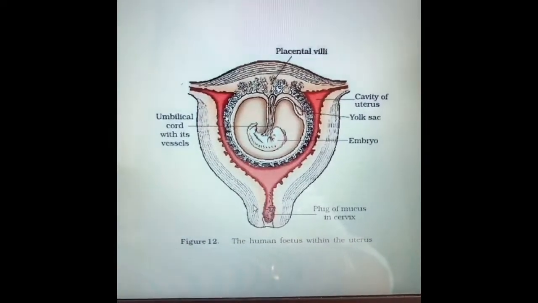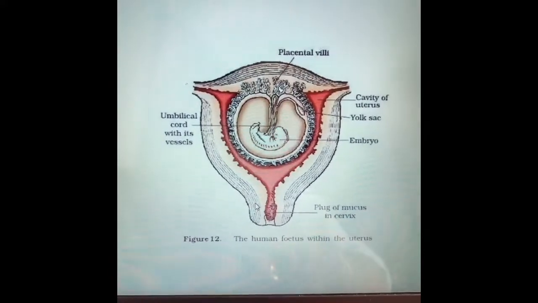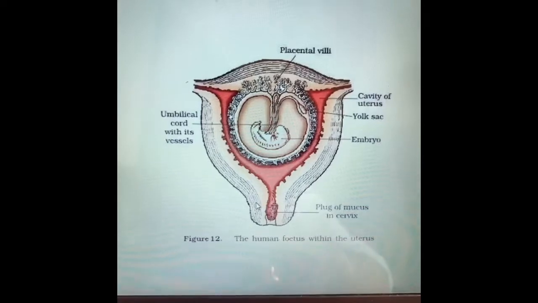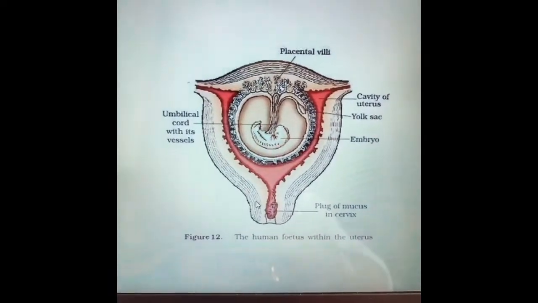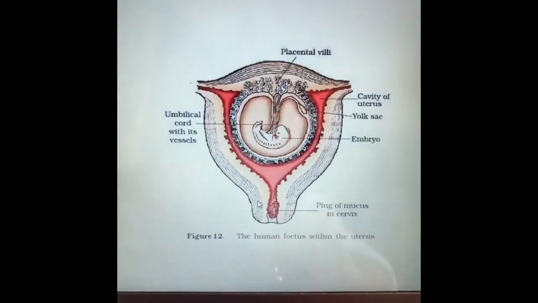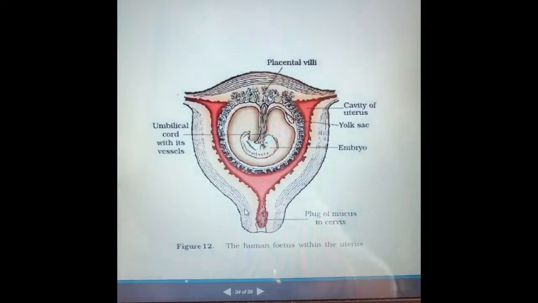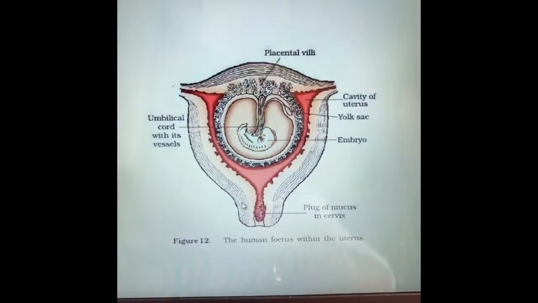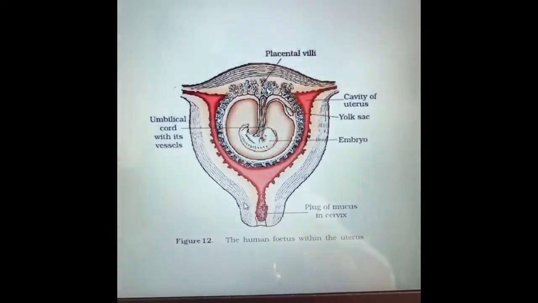There is another hormone called relaxin, which is secreted by the ovary. These hormones, HCG, HPL, and relaxin, are produced in women only during pregnancy.